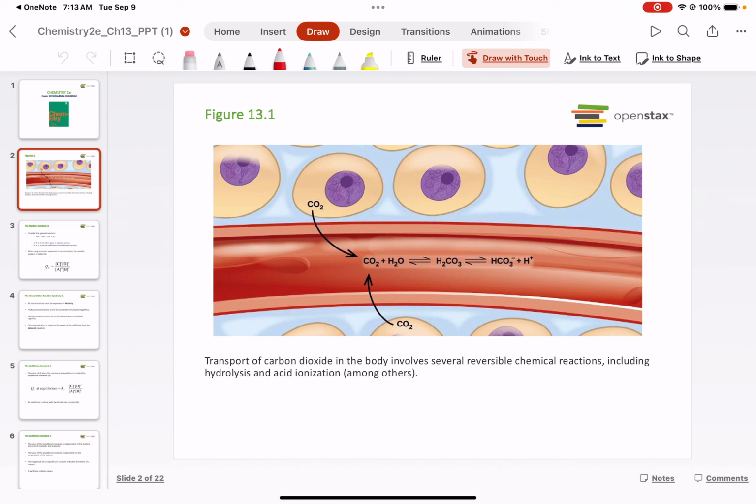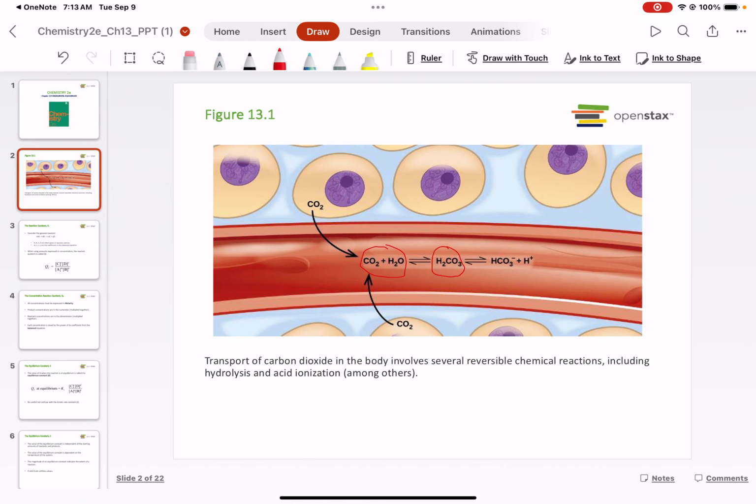For example, carbon dioxide reacts with water to become carbonic acid, and notice that the arrow goes towards the products, but also there's one that goes back to the reactants. Remember, reactants are the ones on the left side, products are the ones on the right side.